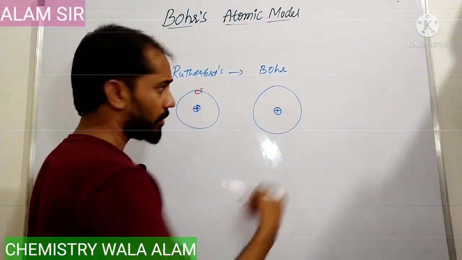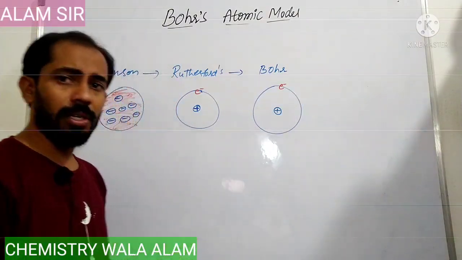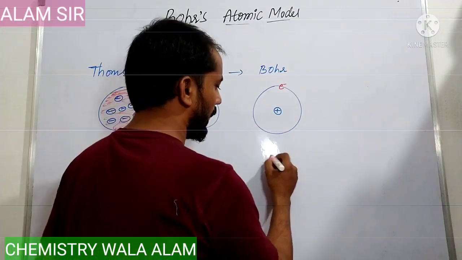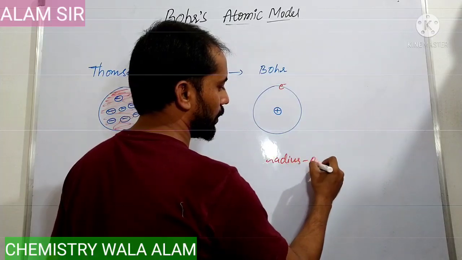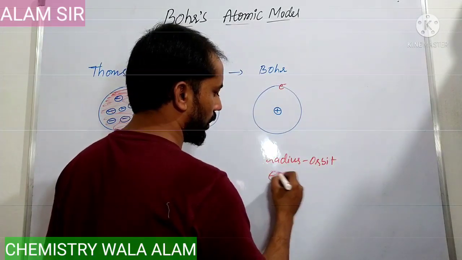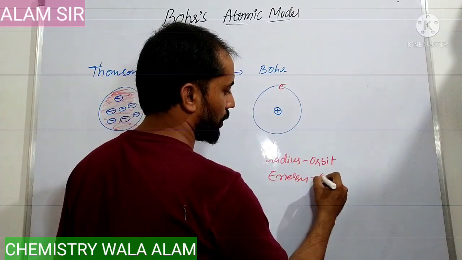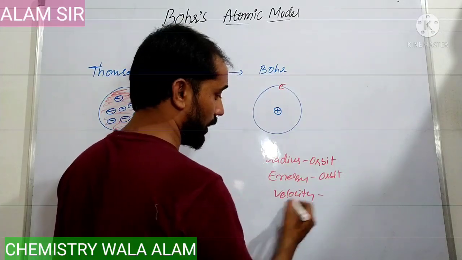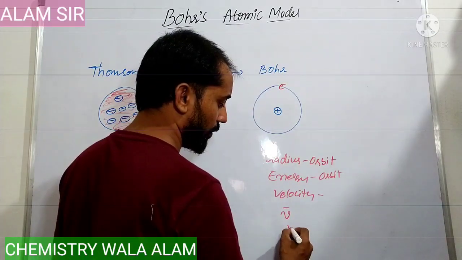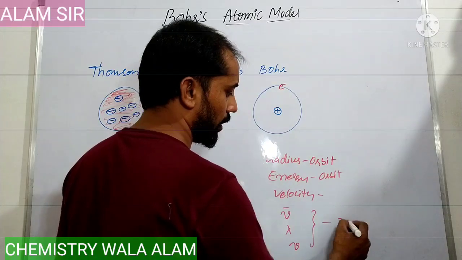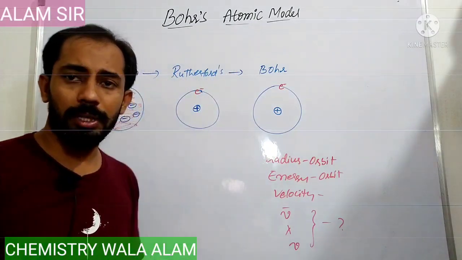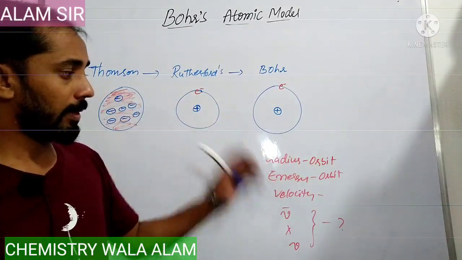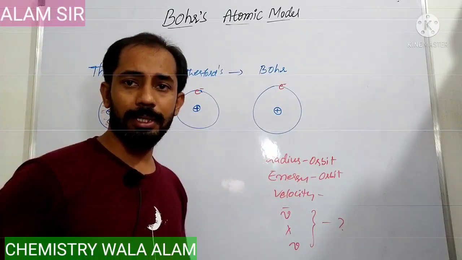It explained the drawbacks of the Rutherford model, and gave some extra information, like the radius of the orbit, the energy of the orbit, how to calculate the velocity of an electron, and the wave number, wavelength and frequency. Niels Bohr gave mathematical formulas, so based on those formulas we can calculate these quantities.